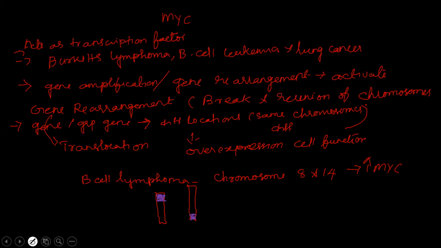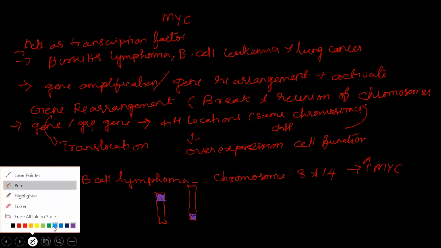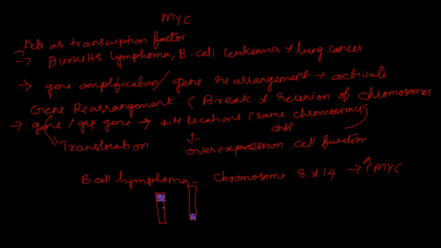Now what will happen when there is an exchange, or a rearrangement, of these genes? This particular part shown here in green will jump over to this part, and this will come and join here. So this is what happens in the case of B cell lymphoma, that is, in chromosomes 8 and 14.